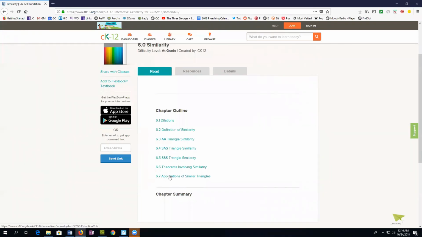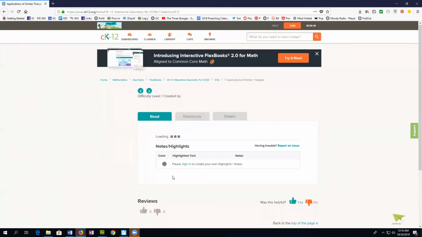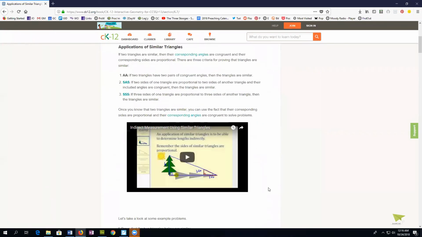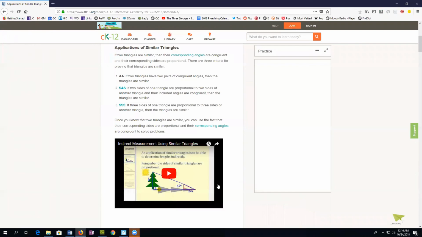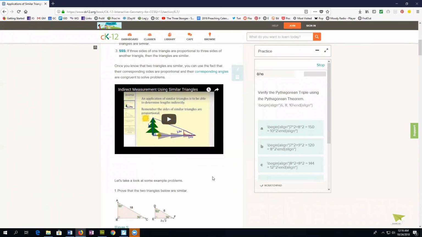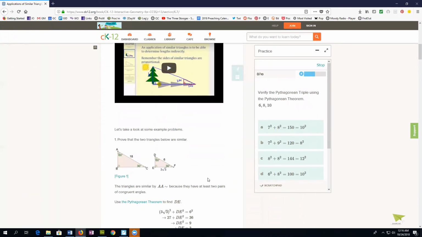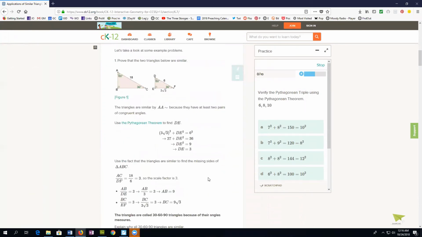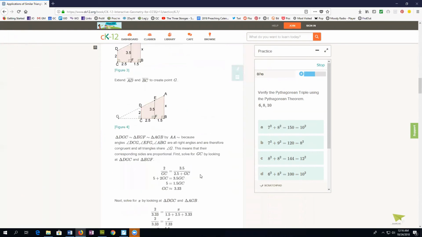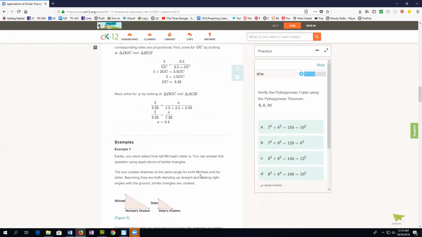Now I'd like to look at section 6.7 on applications of similar triangles. And they have a video here about finding the height of a tree. It's very typical that we would use similar triangles to find unknown heights using shadows.